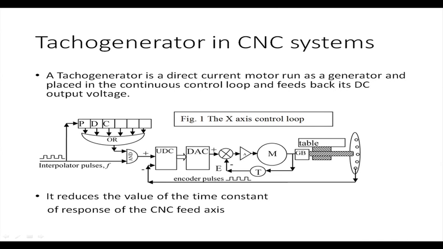Up till now, we have had a look at this particular control loop for CNC systems in continuous control. Just to remind you, in case of continuous control, the control of velocity and the ratio of the axis velocities is done by the interpolator. As you can see from the left hand side of the figure, pulses are coming from the interpolator at a controlled rate to the position down counter to keep account of the movement which is going to take place.